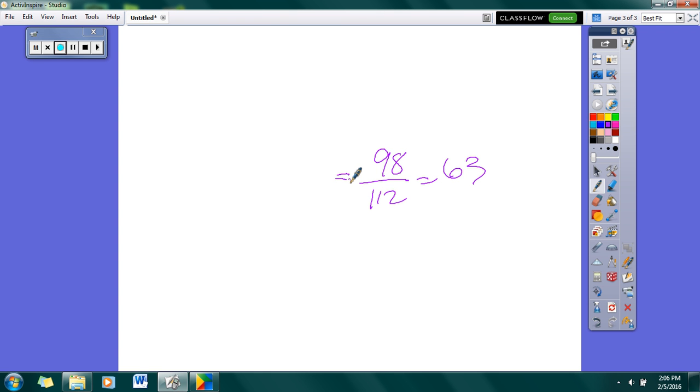So now I'm trying to think of a number that can go into 98 and 112. I'm thinking 7. 7 goes into 9 one time, left over 28, 14. 7 goes into this once with 42 left over, which goes into 6.